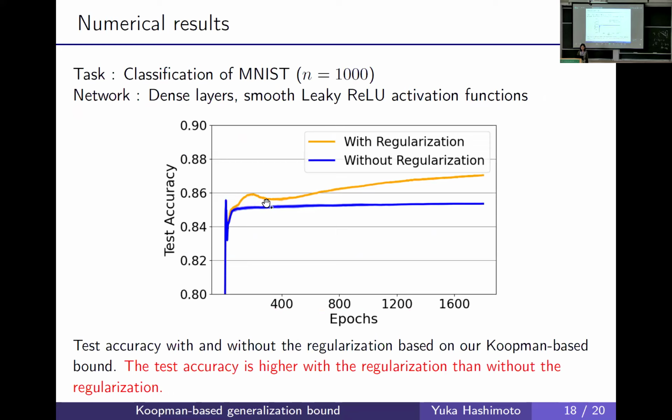The orange line is the result with the regularization based on the Koopman operator bound, and the blue line is the standard optimization without the regularization. We can see that with the regularization, we get high accuracy for test data. So it means that if we minimize our bound, then the neural networks generalize well.